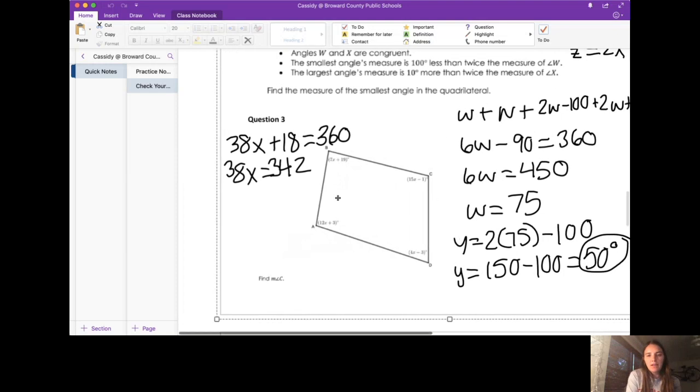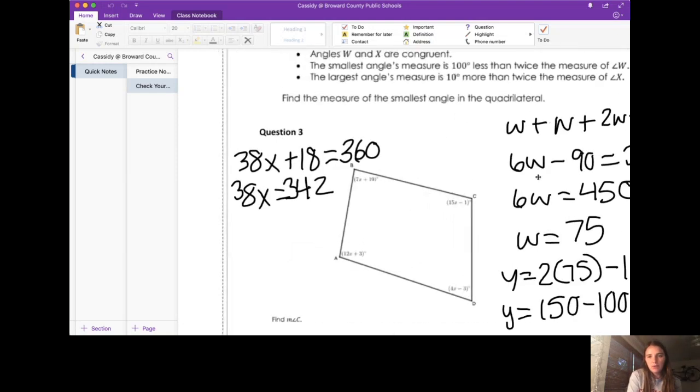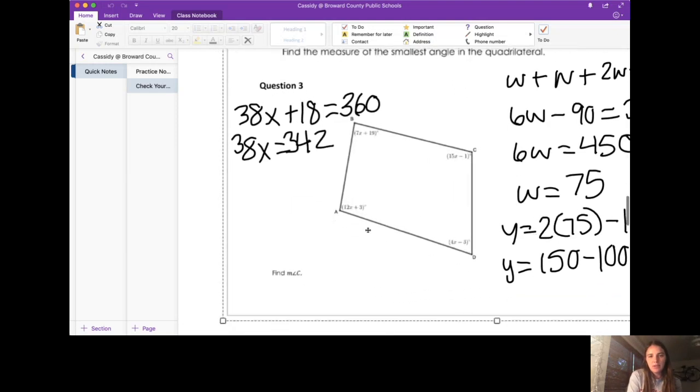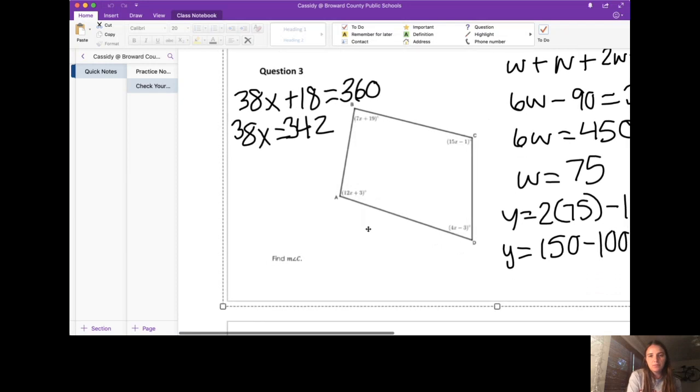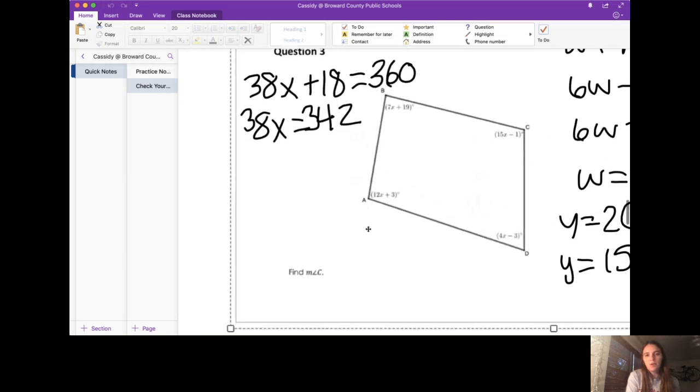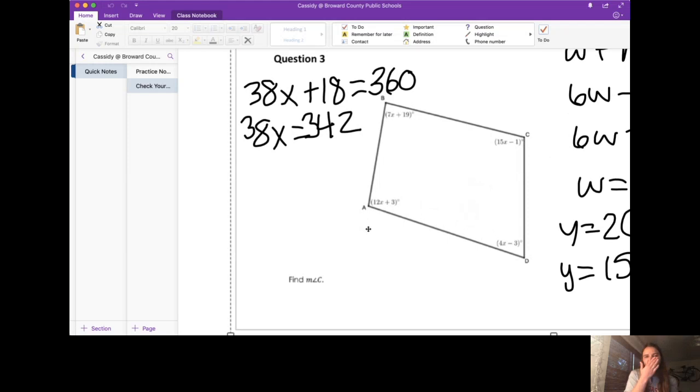Remember, this stuff over here has nothing to do with it. We're just looking at this stuff. Then we divide by 38 on both sides, and we should get x equals 9. Did it ask us to find x?